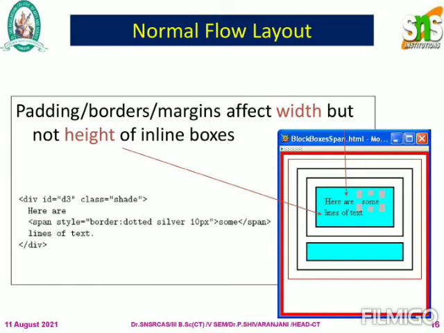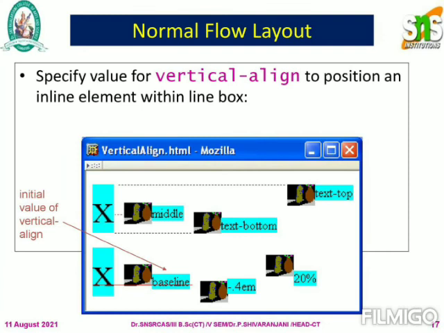In that, I have given a dotted silver border, and it will be displayed on the boxes. Similarly, you can also specify a value for vertical alignment to position an inline element within the line boxes.